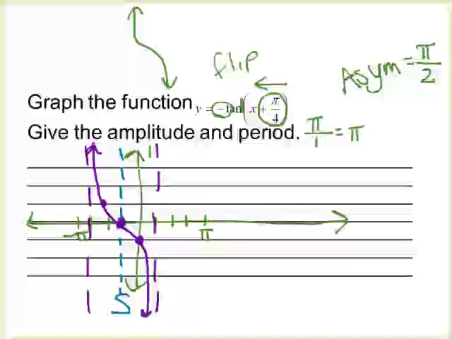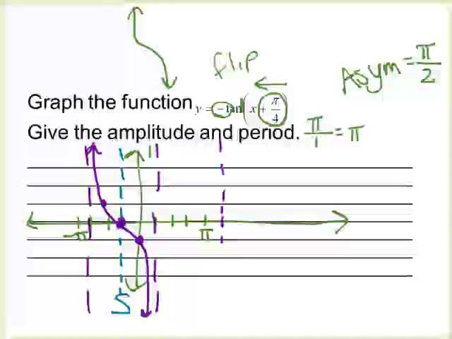Now we need to repeat this shape over one more time. How far are these asymptotes away from each other? 4 markings, right? It's a length of pi, and each of our markings is a fourth. So I need to go 4 markings over. I only have 3 more markings, so I need to bring in 1 extra little marking.